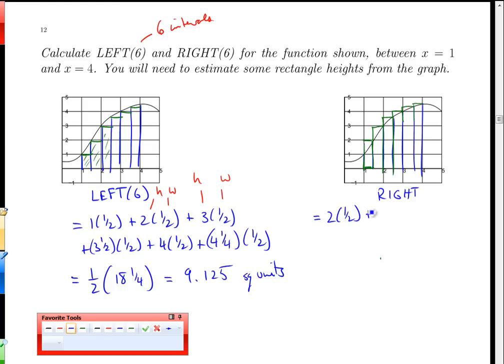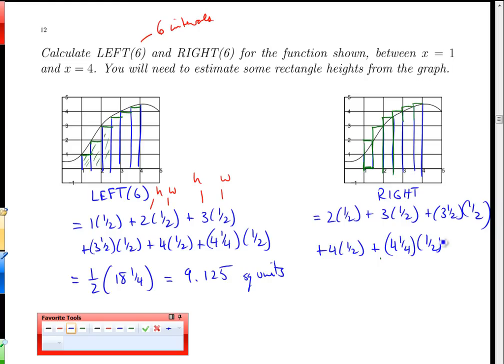The next one has a height of 3 and a width of a half. The next one has a height of 3.5, width of a half. And 3 more to go. Height of 4, width of a half, height of 4.25, width of a half. That's this one here.